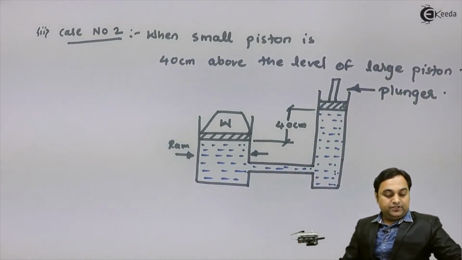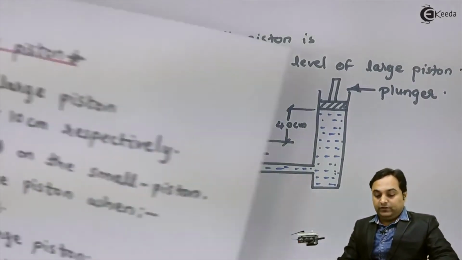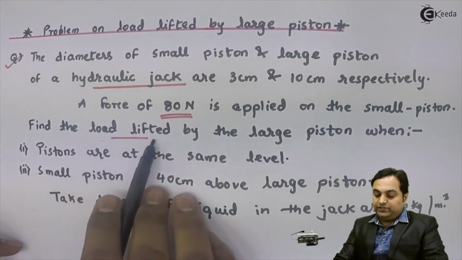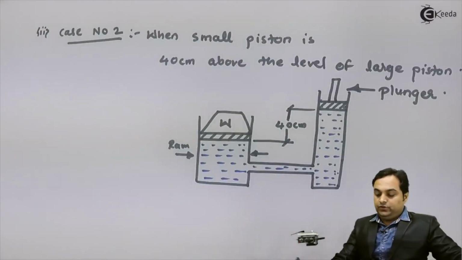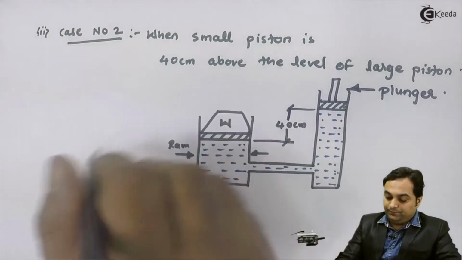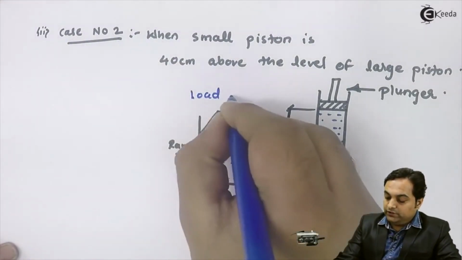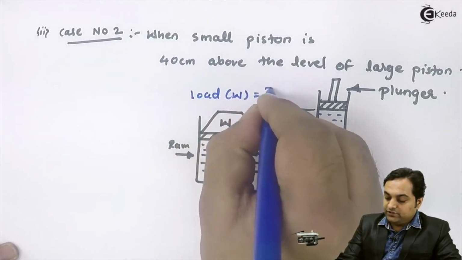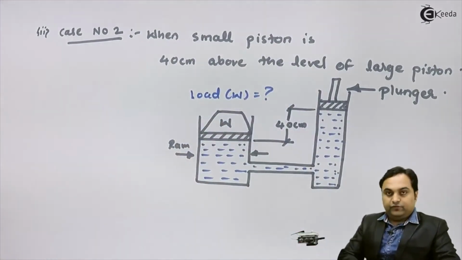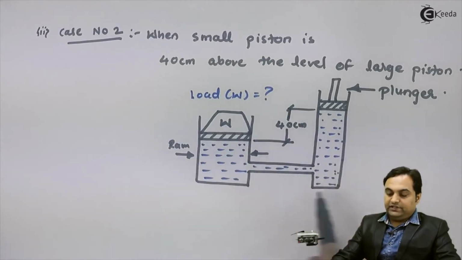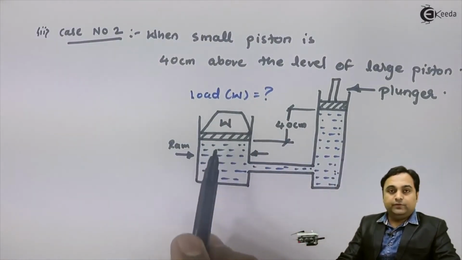Now again, in this problem we have to calculate how much load is lifted by the large piston. So this W, that is load W, is the unknown for us. We have to find out for this given condition how much load would be lifted.